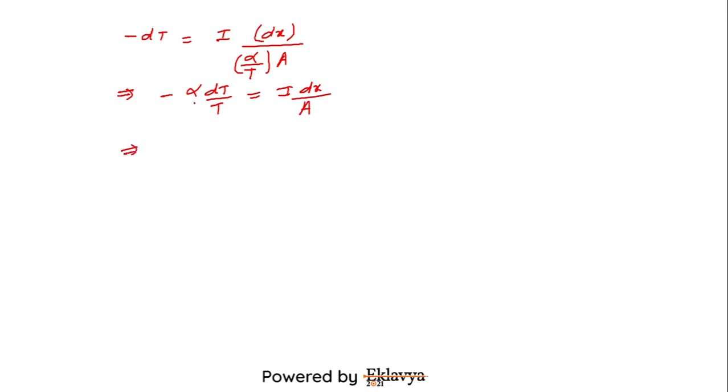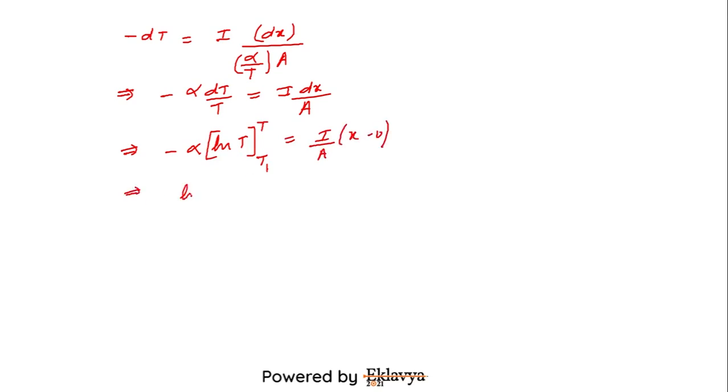Okay, so when we solve this equation we get minus alpha ln T, where T goes from T1 at the left hand to T at a general position, is equal to I by A into x minus 0.